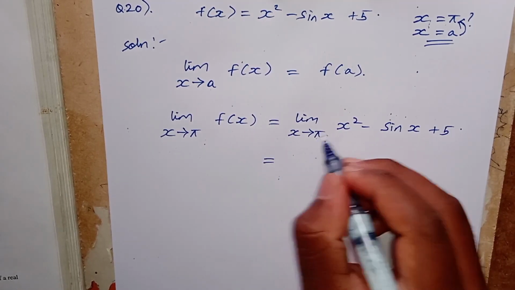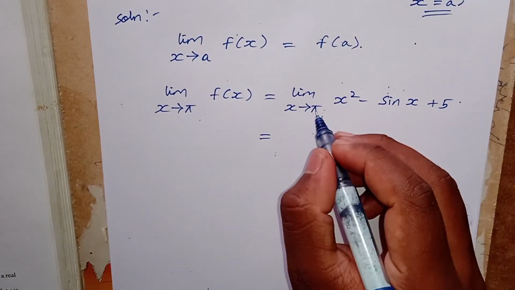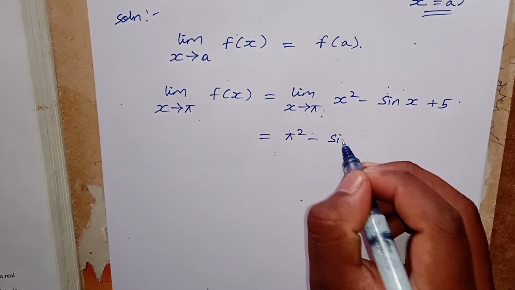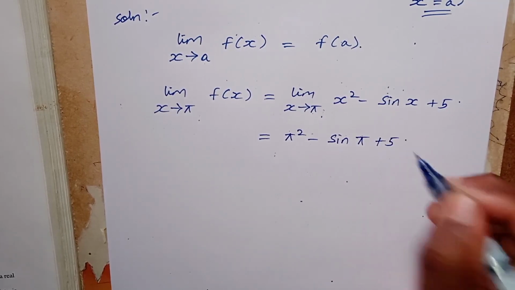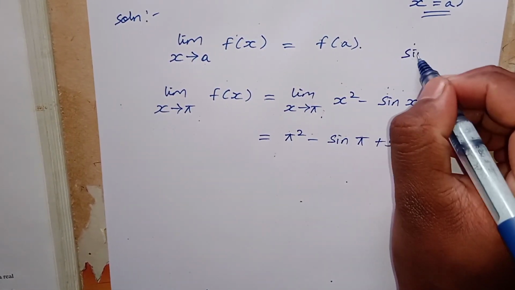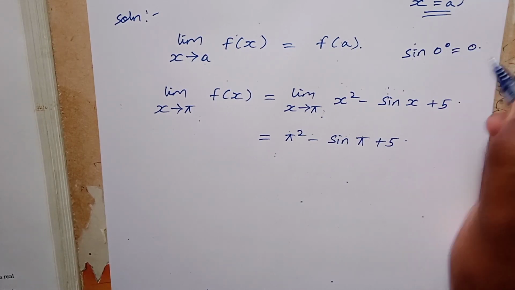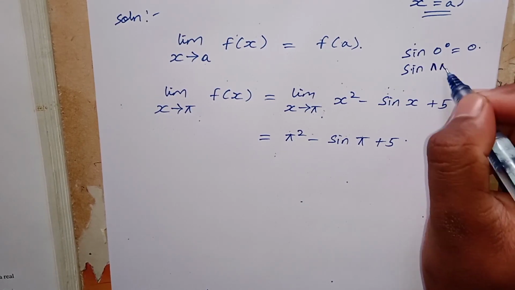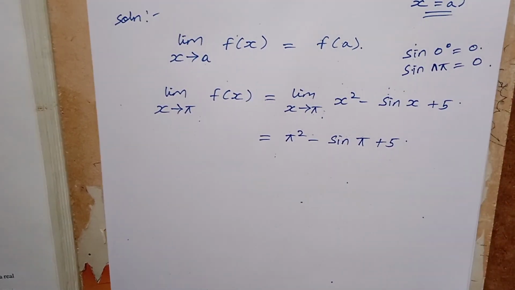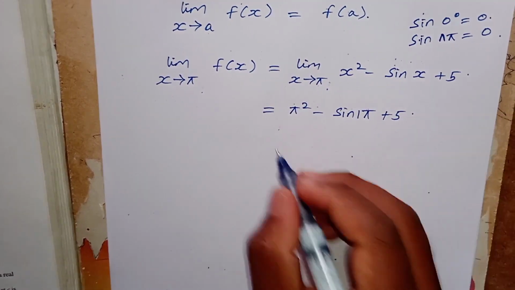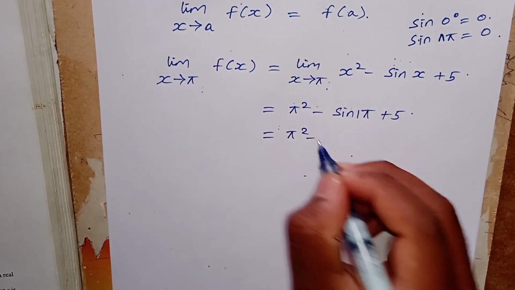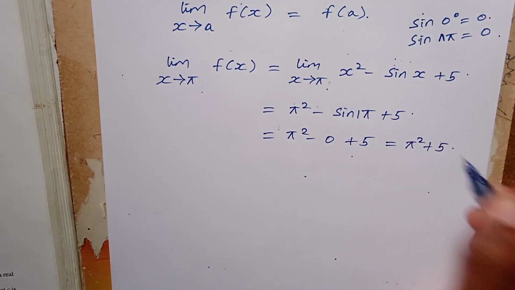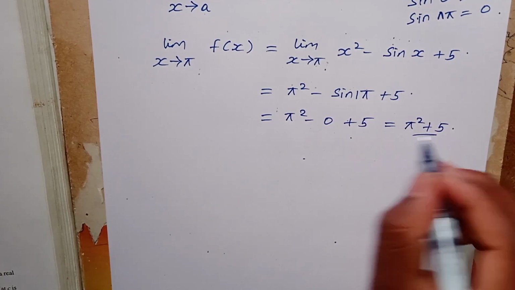Now I am substituting the value of x, pi, therefore pi squared minus sin pi plus 5. Sin n pi, for 1, 2, 3, 4 up to n, is 0, therefore pi squared minus 0 plus 5, therefore pi squared plus 5. It is my answer.